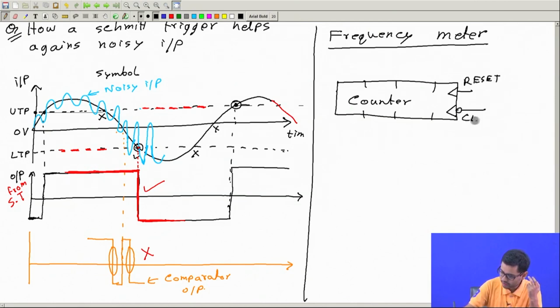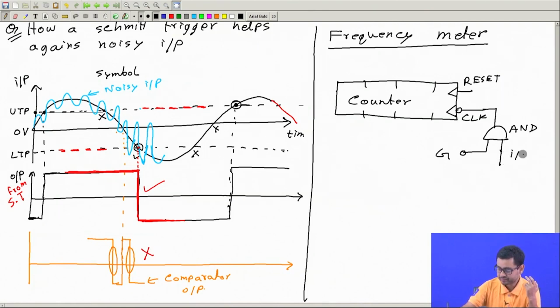So this is the clock, and what did we do? We had an AND gate before this, which is used to stop the counting after some pre-specified time. This is the gate signal, which determines how long to count, and here we had the input.